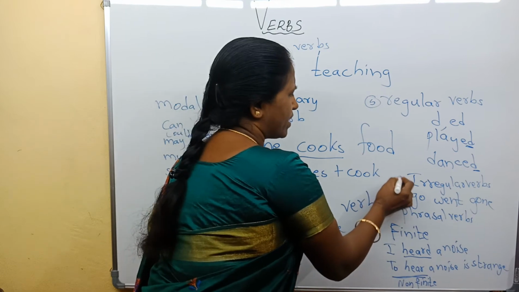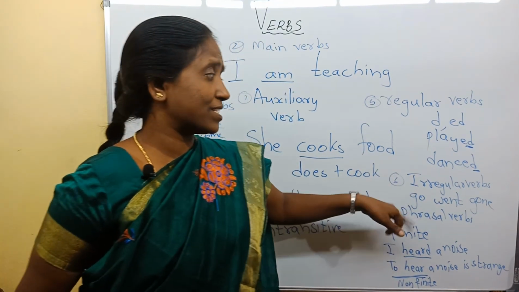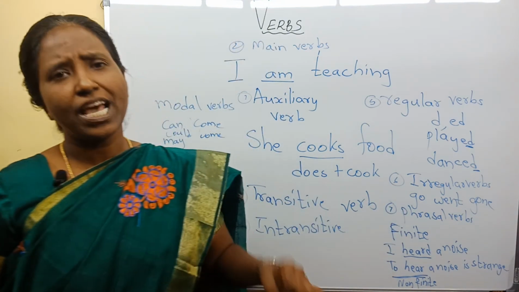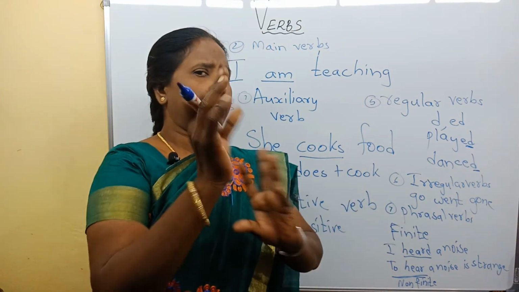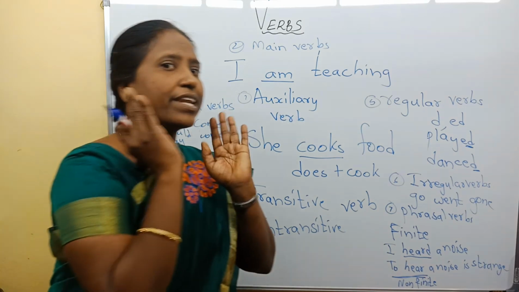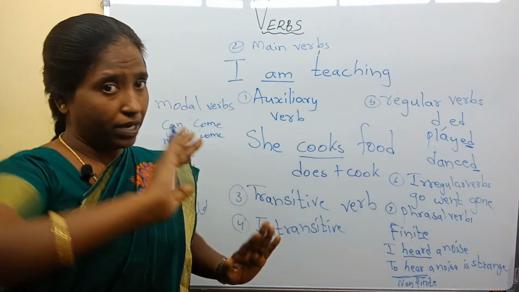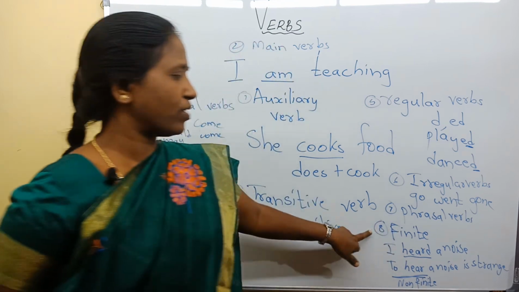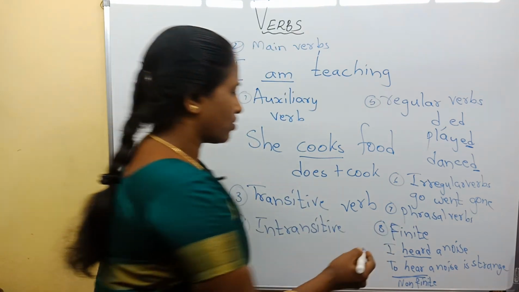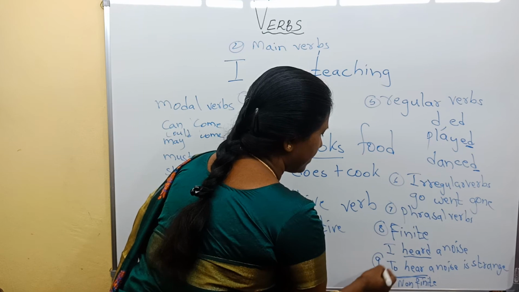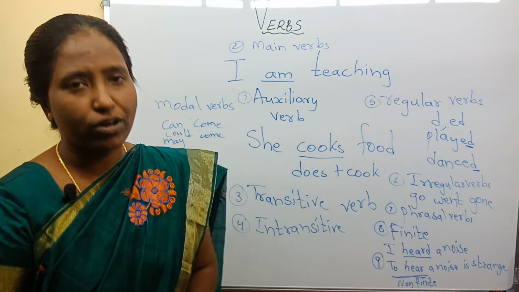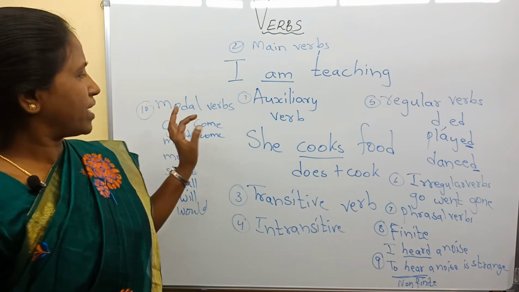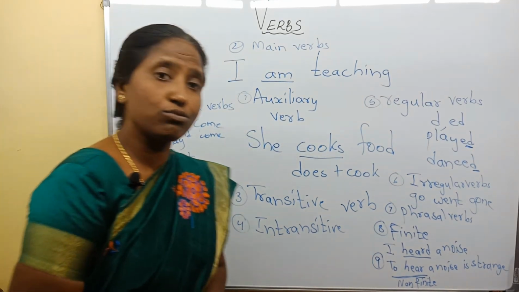The next one is irregular verbs, where there is a complete change. The seventh one, phrasal verbs. I have told you about the tenses getting varied with the attachment to the verb, not to the preposition. Then the finite verbs tell about the tense, when it happened. Non-finite verbs do not tell about the tense. Then the modal verbs, where only the V1 form is used beside them.